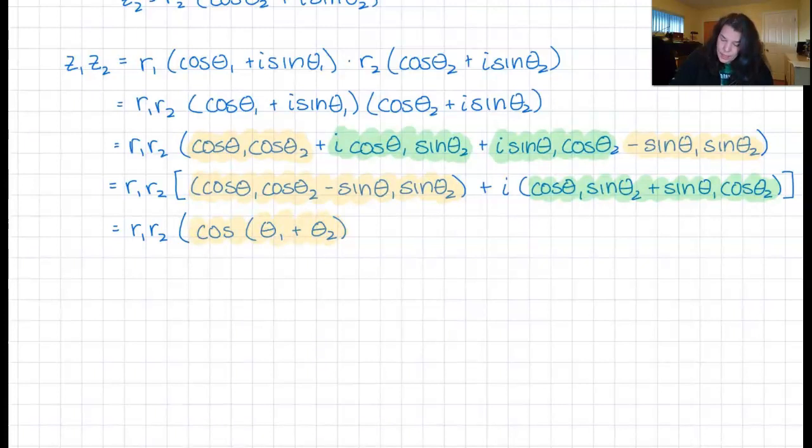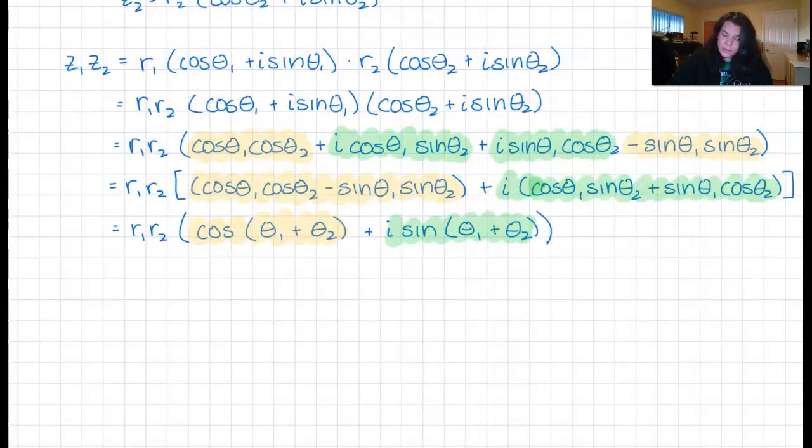And then the green part, that's our sine identity: i sine of theta 1 plus theta 2. Holy moly. Look at that. It may not seem as magical yet, but that is going to be great.